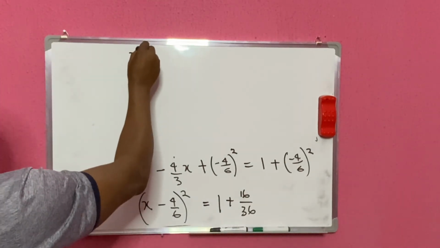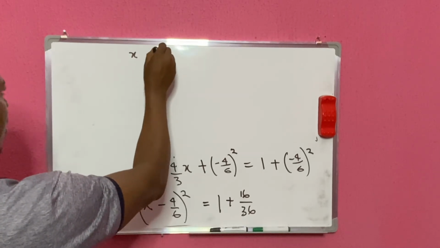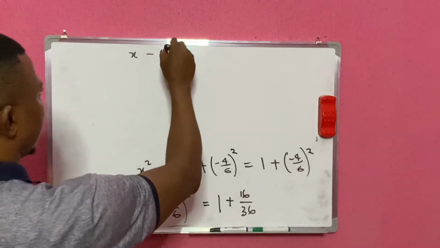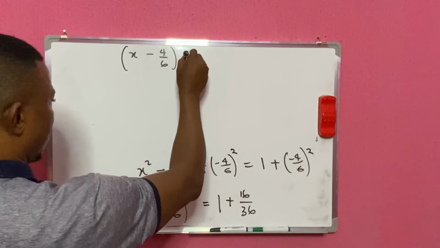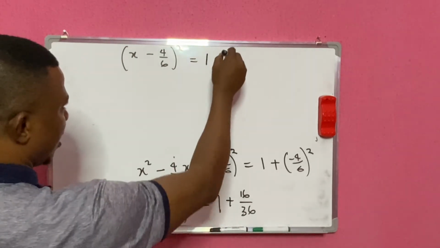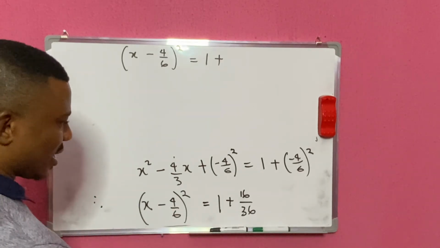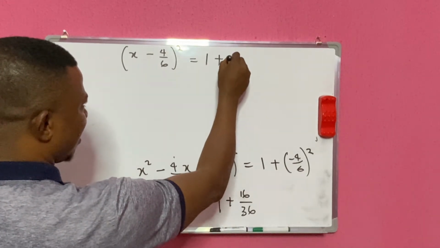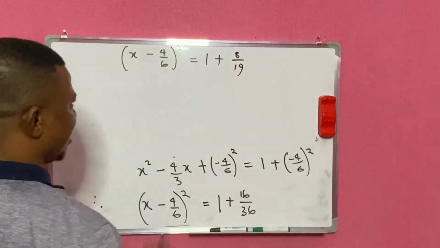x minus 4 over 6, power 2, is equal to 1 plus 16 over 36. And if 2 here, I'll have 8, and 2 here, I'll have 19.